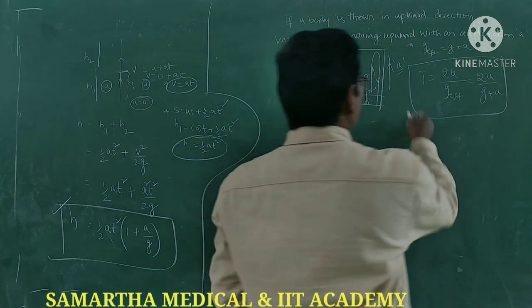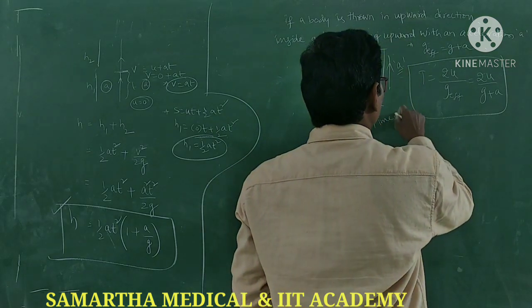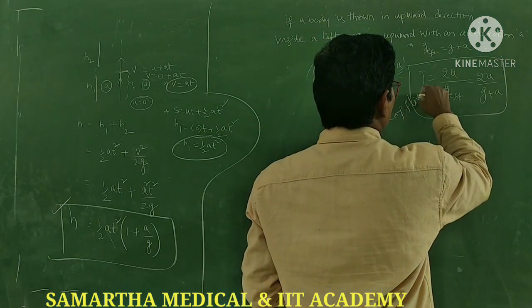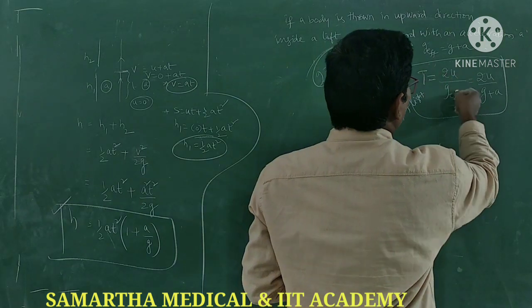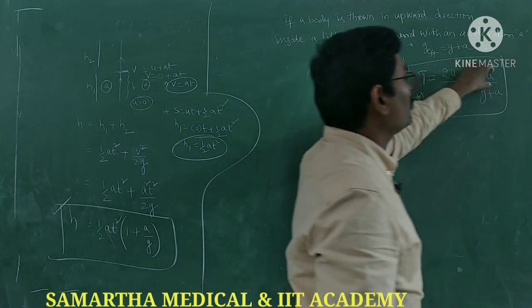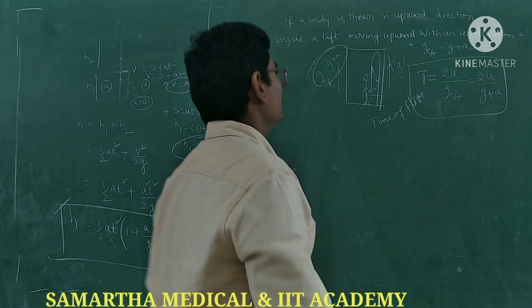Then time of flight t is equal to 2u by g effective, 2u by g plus a, right? Next.